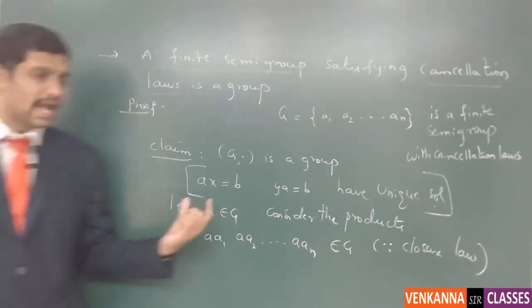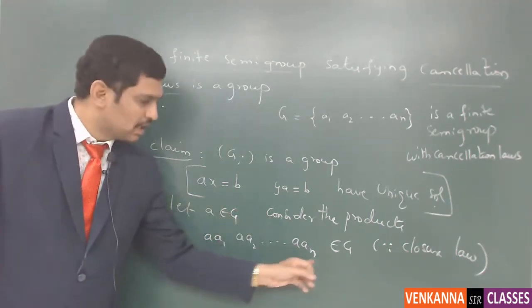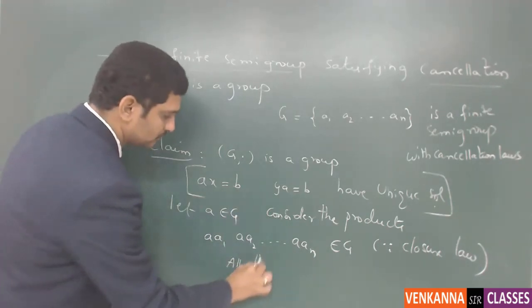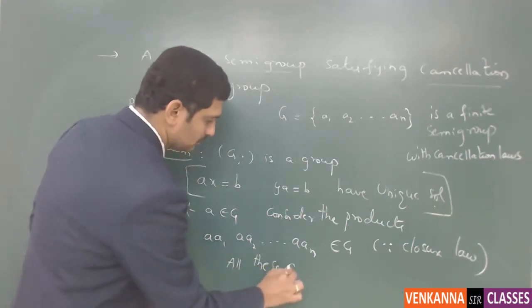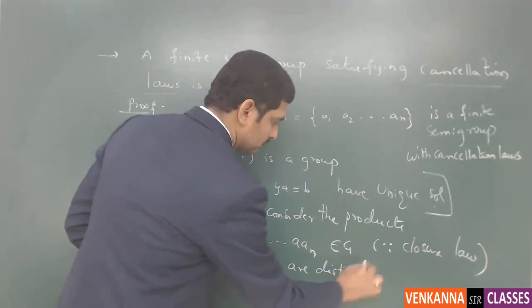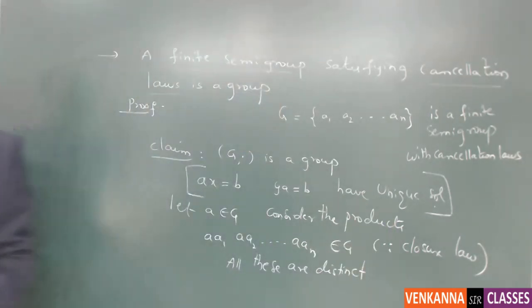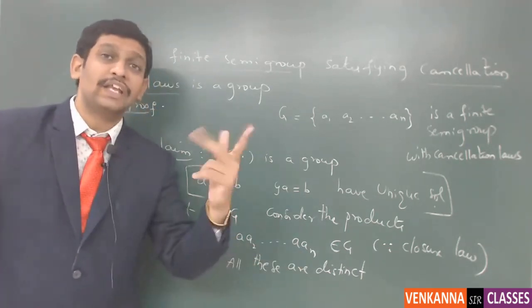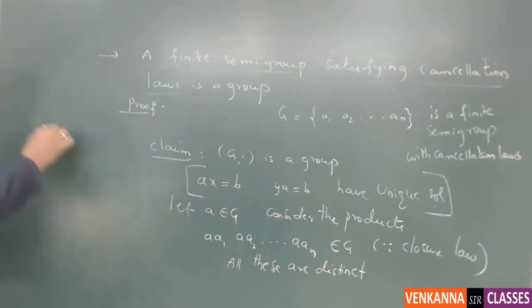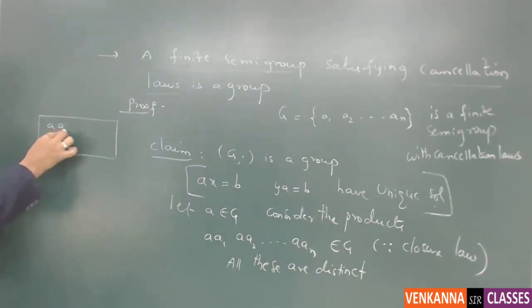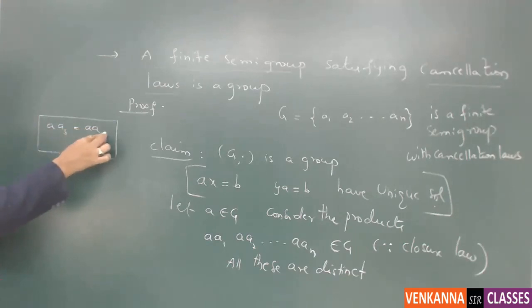Now, I will say one more thing, that all these values are distinct. Because if any two values are equal, say, for example, A3 is equal to A10, let us say.